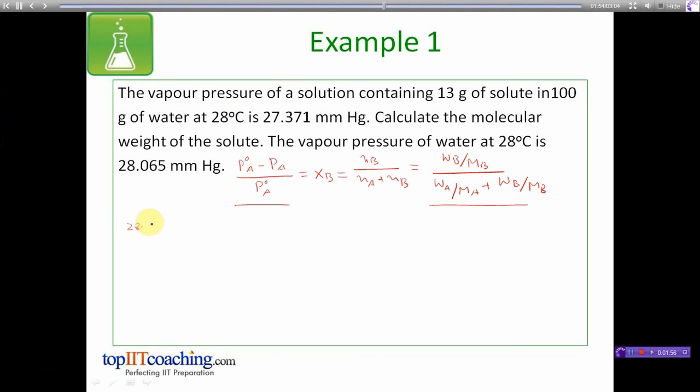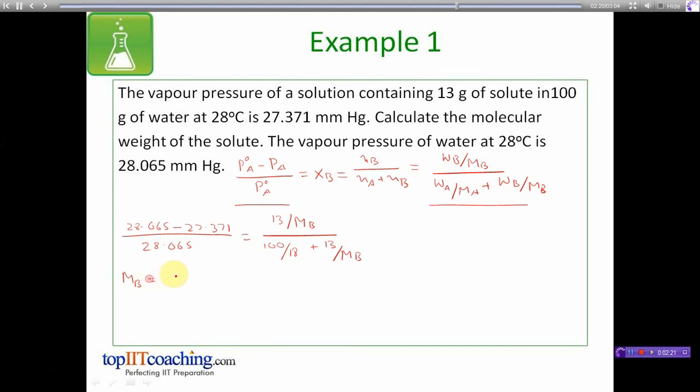So on substituting the values, we get 28.065 minus 27.371 divided by 28.065 is equal to 13 divided by MB upon 100 divided by 18 plus 13 divided by MB.